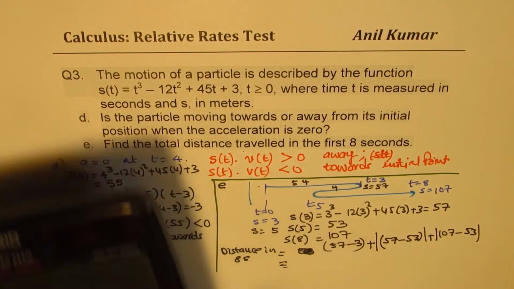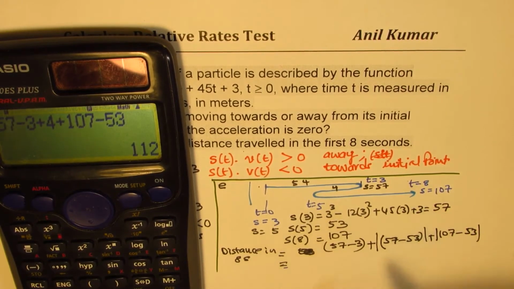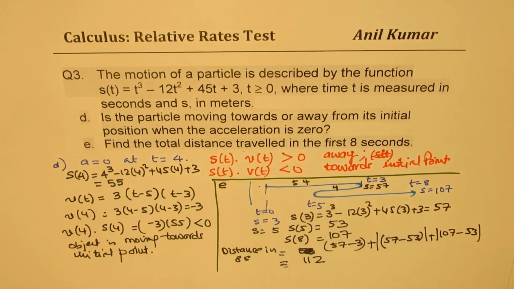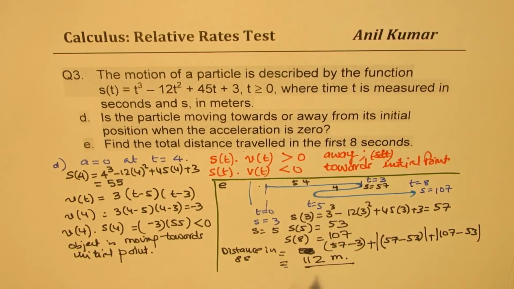So let's calculate this. So we have 57 minus 3 plus, I'll take away from the bigger value, right? We'll write this as 54 plus 4 plus 107 minus 53. So that gives you 112 units. It is in meters. So the total distance covered is 112 meters.